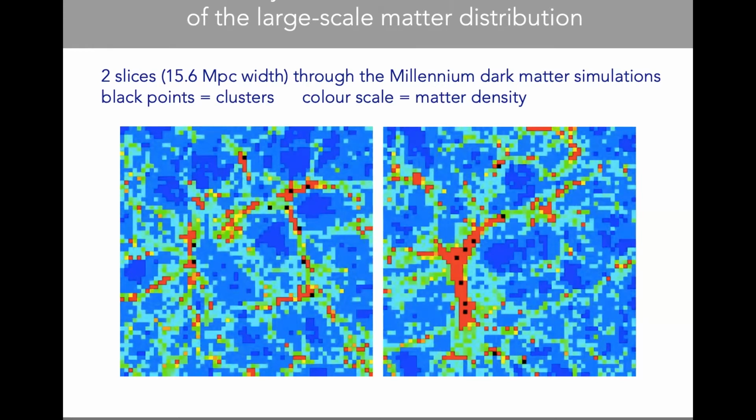The red filaments are the densest regions. The black spots are galaxy clusters with a mass roughly above 10 to the 14 solar masses, and you can see that the galaxy clusters really sit in the densest spots in the large-scale structure.